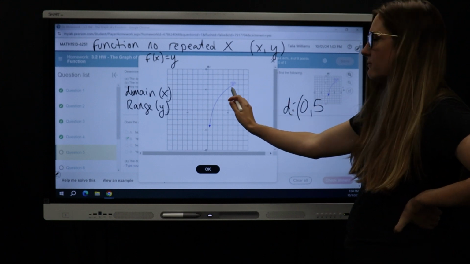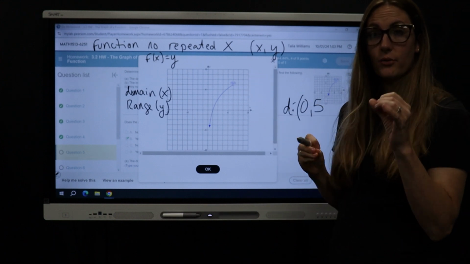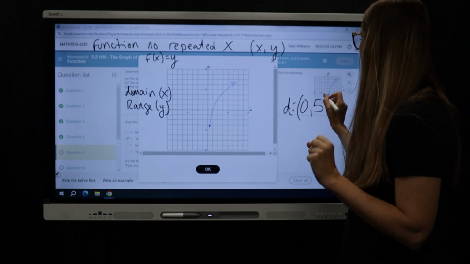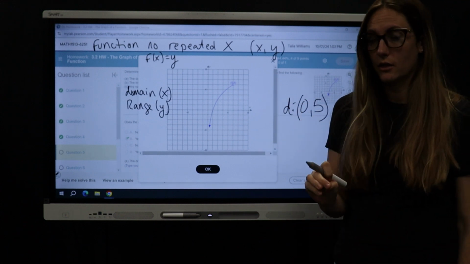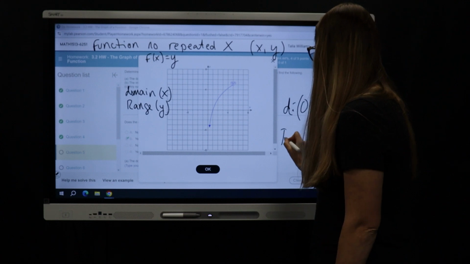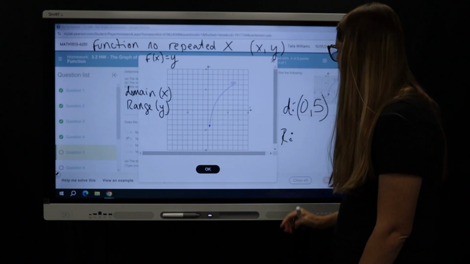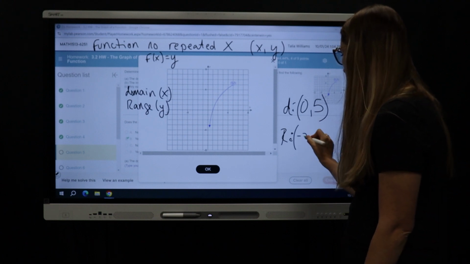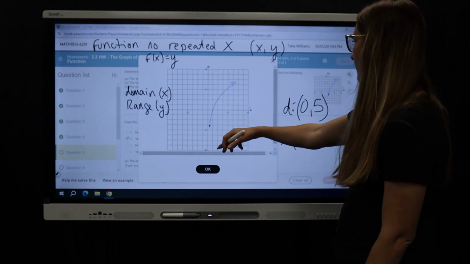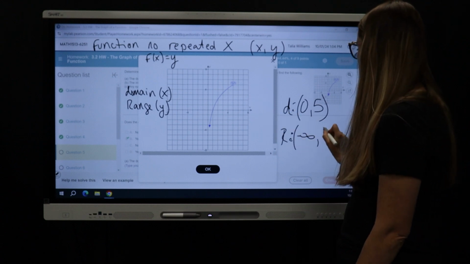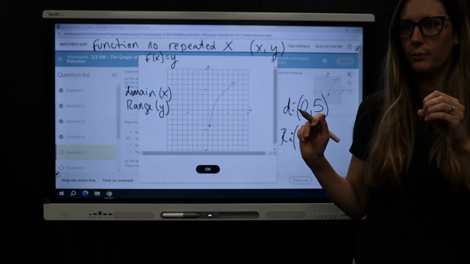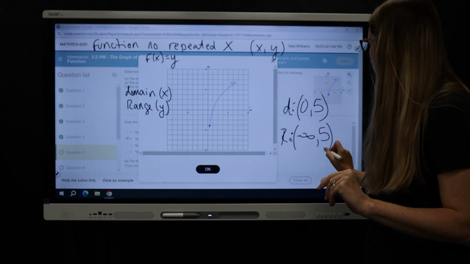But since positive 5, that dot is that open dot, pay attention to that on this. It gets a parenthesis, not a bracket. Then our range, it has an arrow, so we assume it's just going to keep going all the way down to negative infinity. And then it's going to stop right here at positive 5. Once again, that dot is open, not closed, so it's a parenthesis.